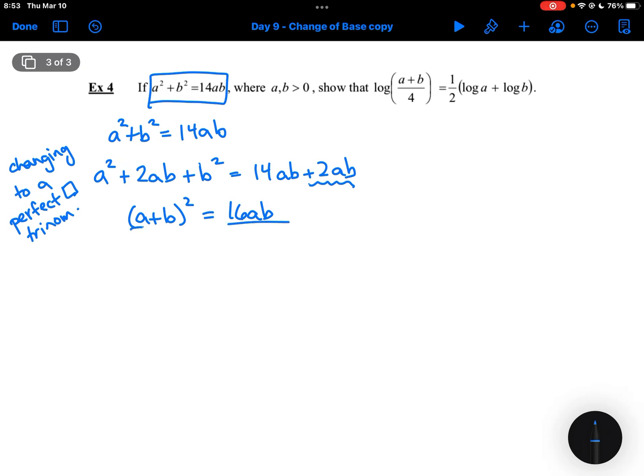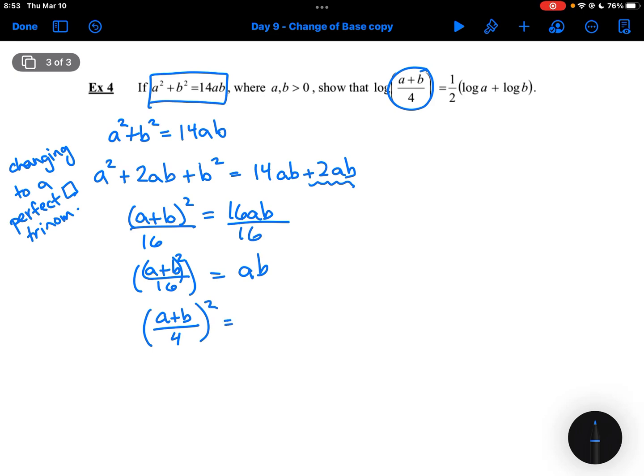So now, if I divide both sides by 16, now I have a plus b squared over 16 equals ab. So kind of interesting here, if I look at this expression here, it looks like I have almost the square root. So let's see if I can make that happen. So I'm going to change this into a plus b over 4 all squared.